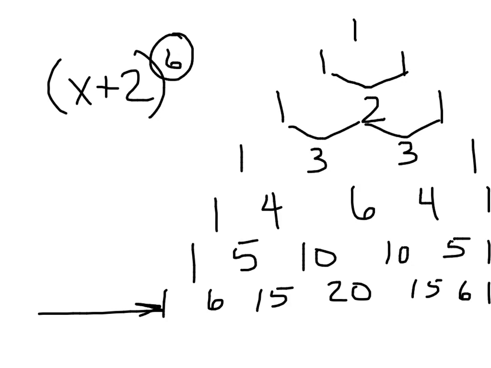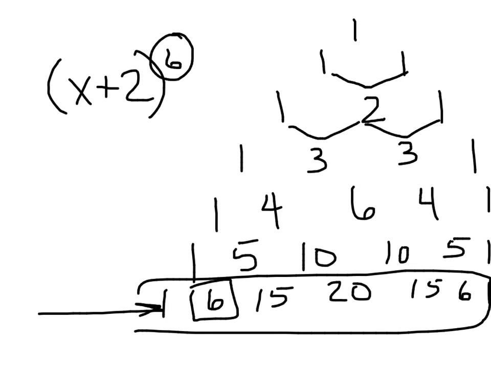If the exponent was 15, I would have continued down the triangle until I got to the second number as a 15. So for this particular one, when the second number is a 6 and the exponent is a 6, this is the line we're going to use.